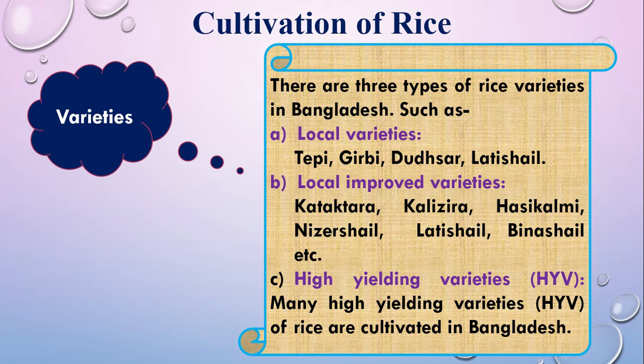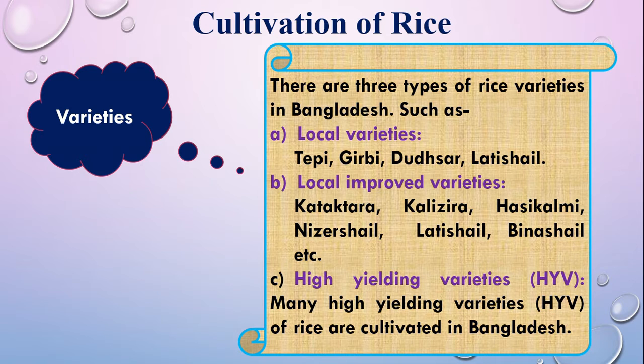Characteristics of HYV rice: plants are stout and leaves are erect, plants remain green although the rice grains of panicles become ripened, plants are short and cannot be large, production of rice grain is higher than that of straw, insect and disease infestation is lower, so definitely the production will be higher.